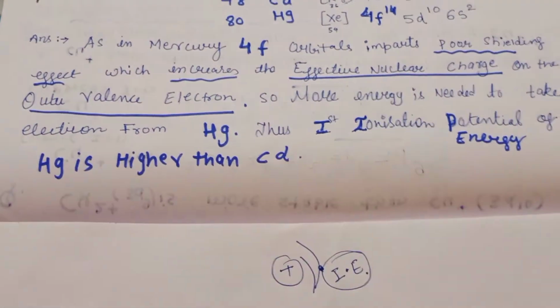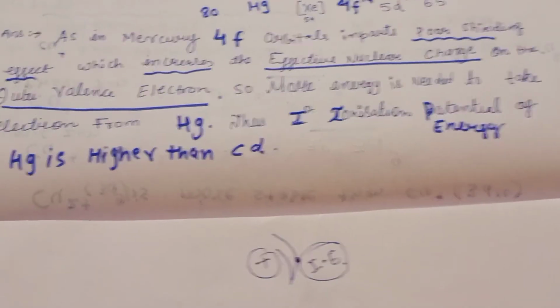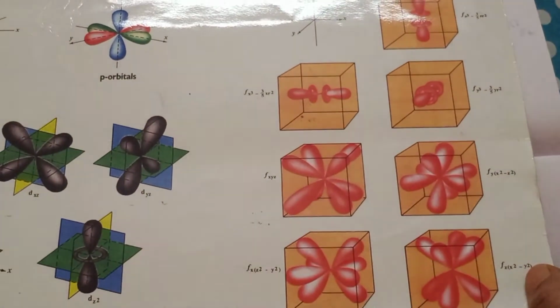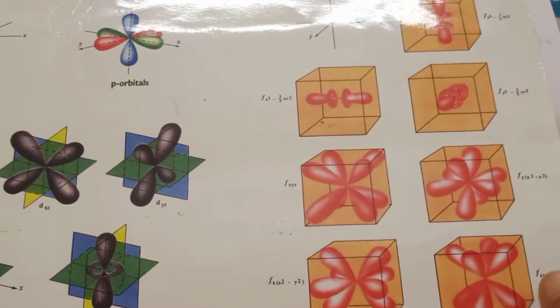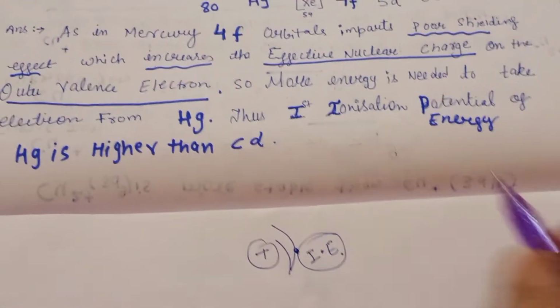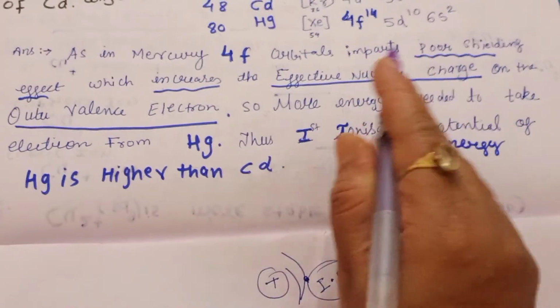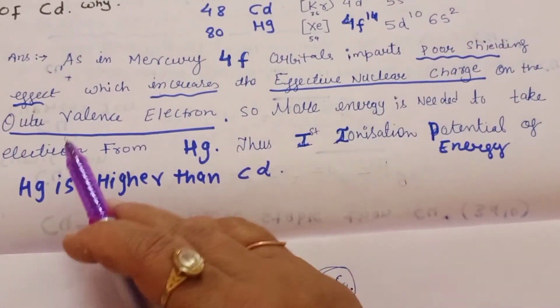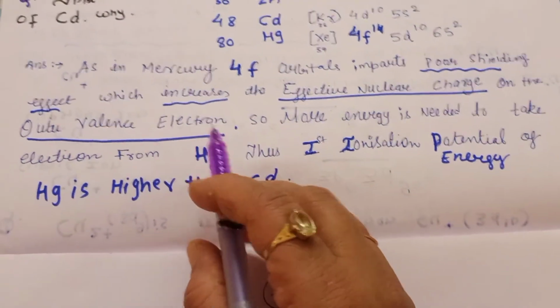As we know, the shape of the f orbitals is diffused, which is much more complicated. So these 4f orbitals cause the poor shielding effect. As a result, the effective nuclear charge on the outer valence electrons increases.